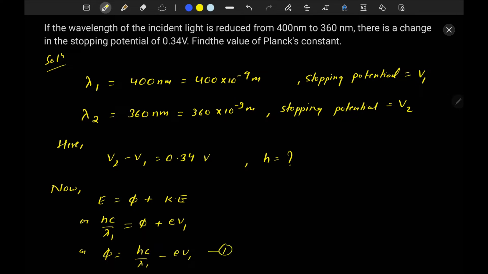This is equation 1. Similarly, for the second case, phi = hc/lambda2 minus eV2. Phi is the same in both cases because the metal surface is considered to be the same.